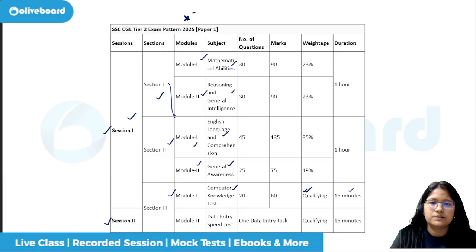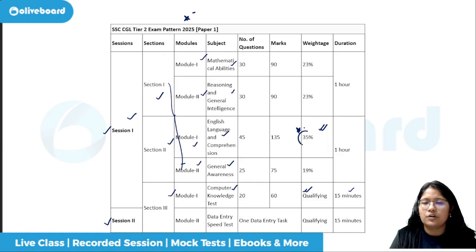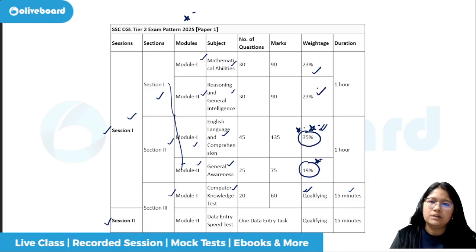these two parts. Now, if you see here, then you will note that for the English comprehension, the English language, you have the weightage of 35%. All right. And in the general awareness part, there is 19% weightage, whereas for maths and reasoning, it is 23% weightage each.